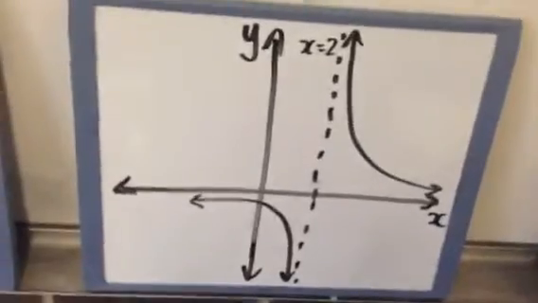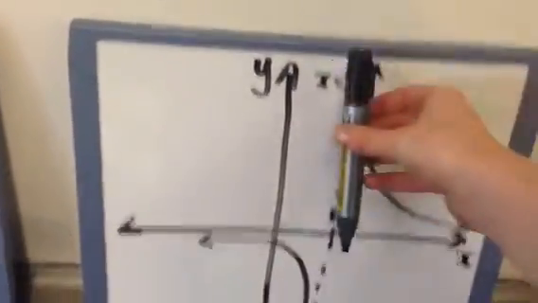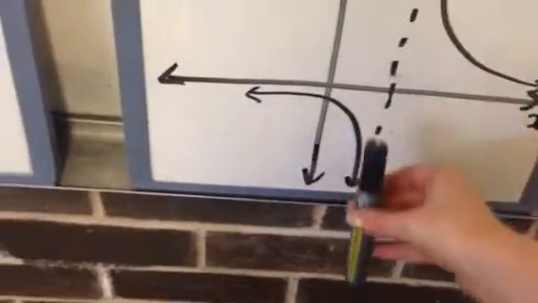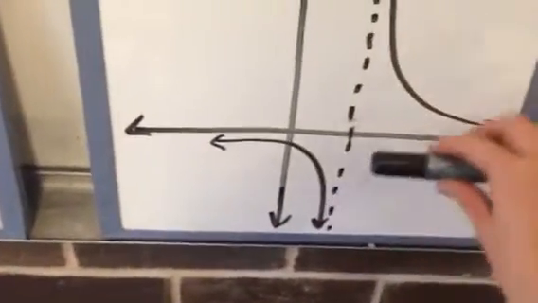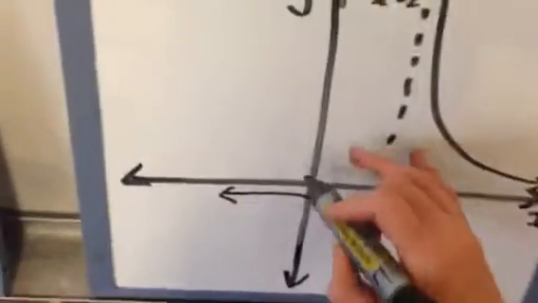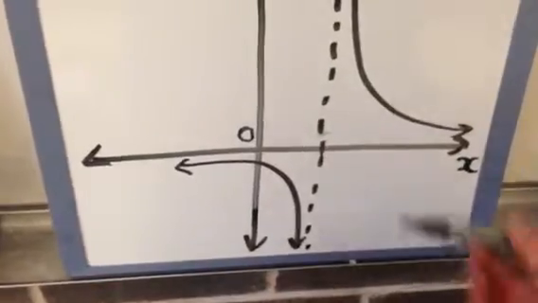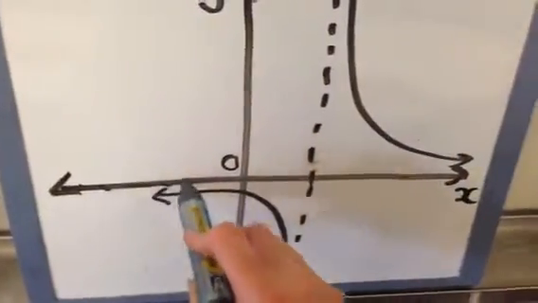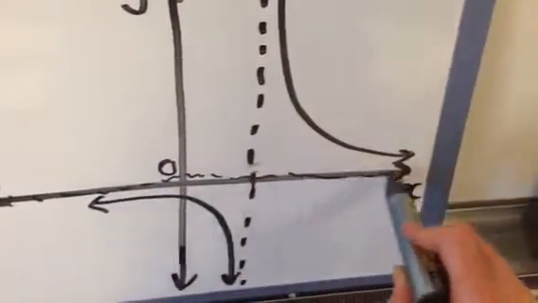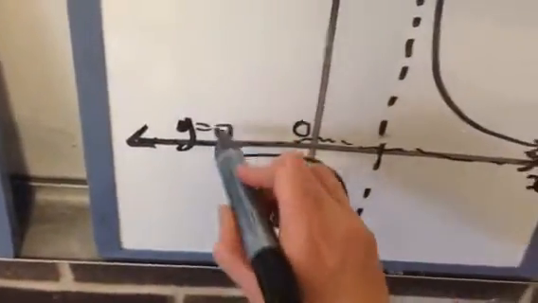And the same thing really happens for our range. My graph will continue to go up for all of eternity, and in this section, it will continue to go down for all of eternity. But what it can't ever equal is this bit here, where y equals 0. There's an asymptote along here at the axis, where y cannot equal 0.